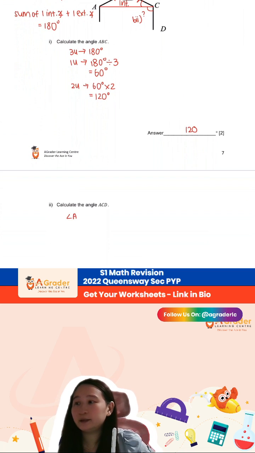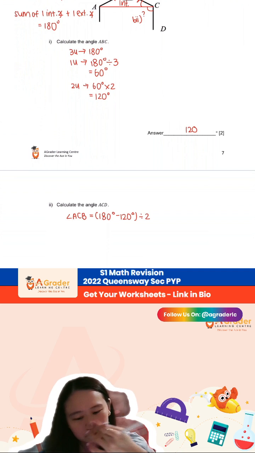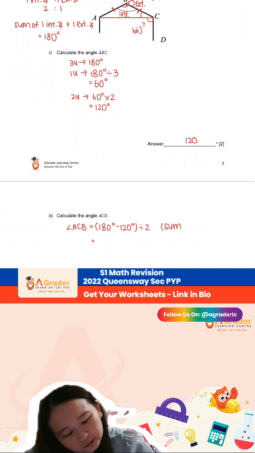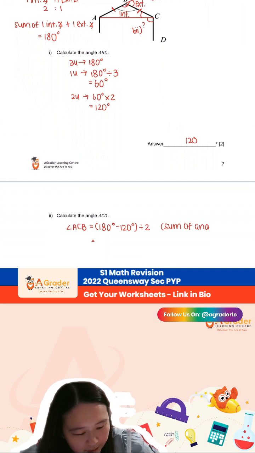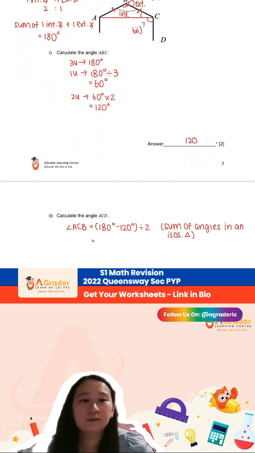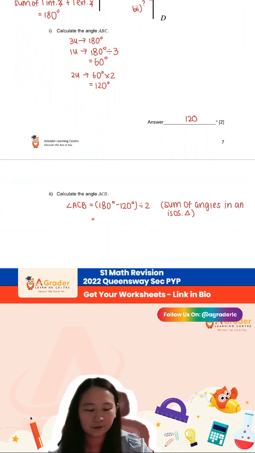So angle ACB equals to 180 degrees minus 120 degrees, then you divide by 2. So this is using the sum of angles in an isosceles triangle, and we're finding the base of it.